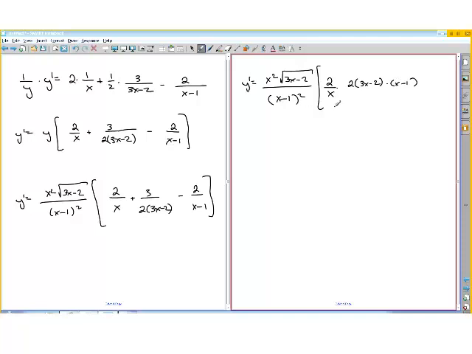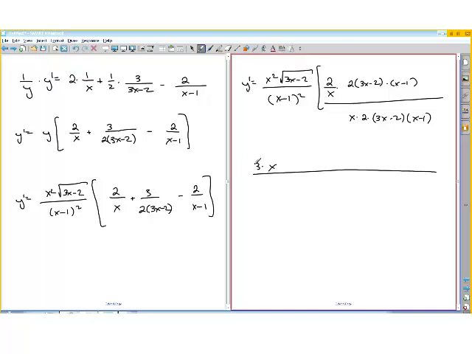That's the first term. So we're dividing all this stuff by the same denominator, which is x times 2 times (3x minus 2) times (x minus 1).